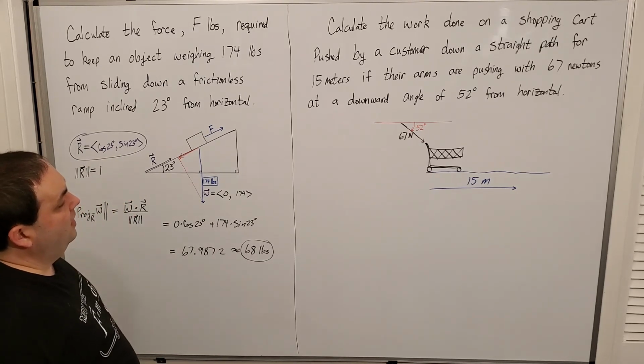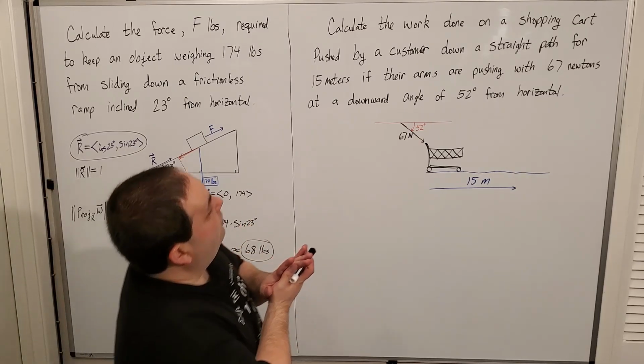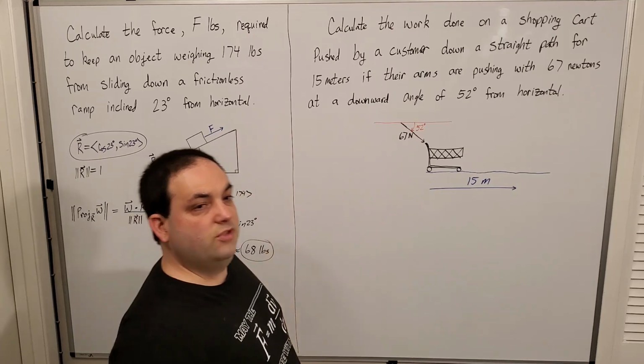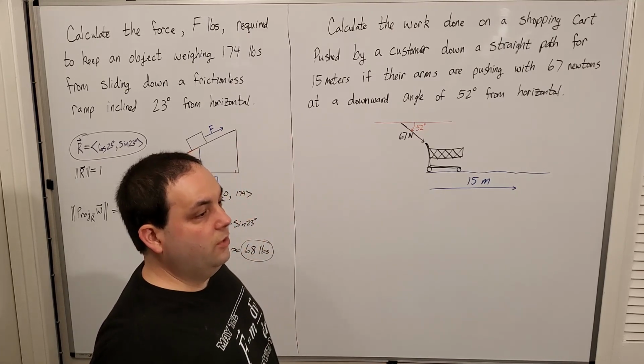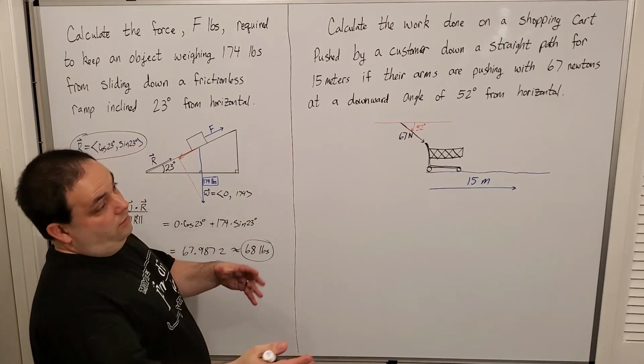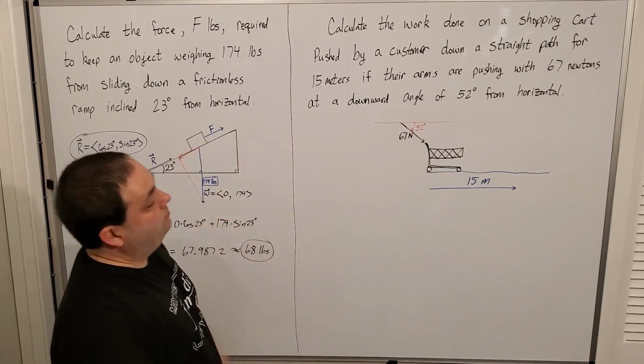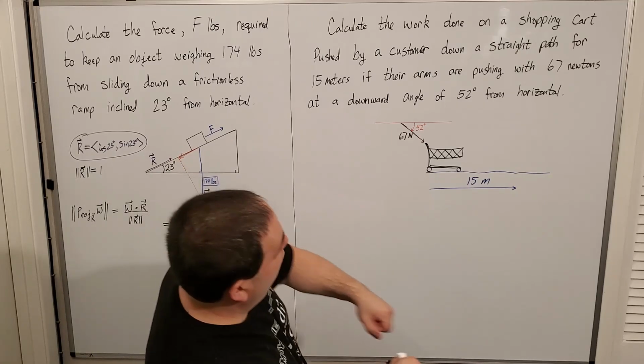Okay. Next, we have a person pushing a buggy through some store. Who knows? Maybe it starts with a W. Maybe it starts with another W. It could be Rouse's or Walmart, Winn-Dixie, whatever. It's some shopping center. We've got a cart.